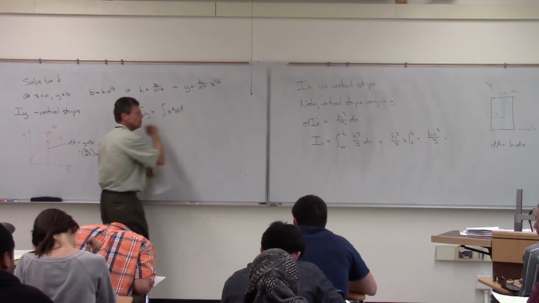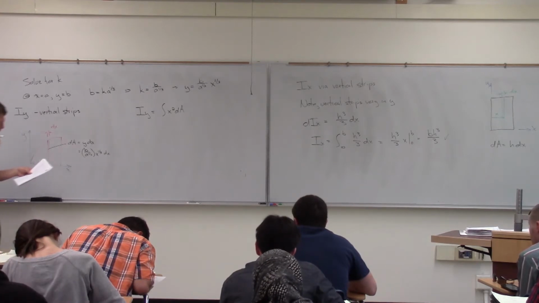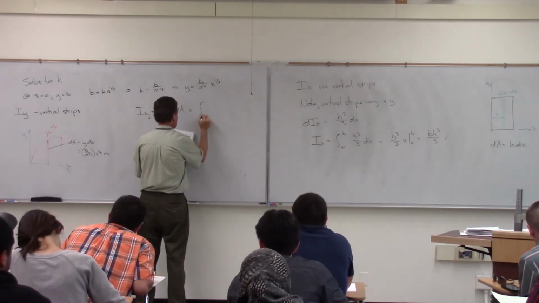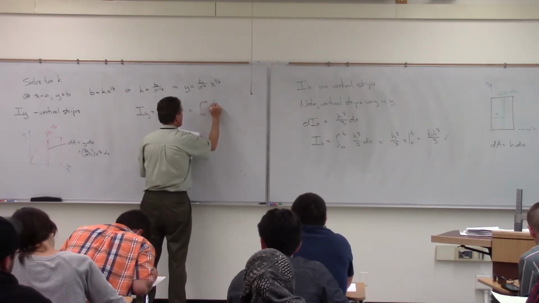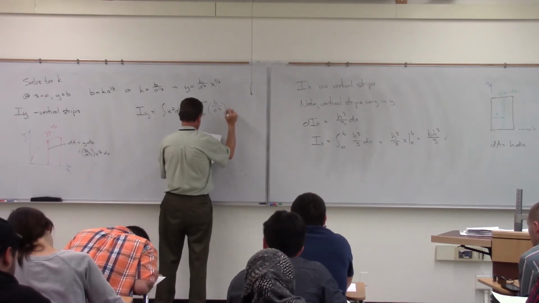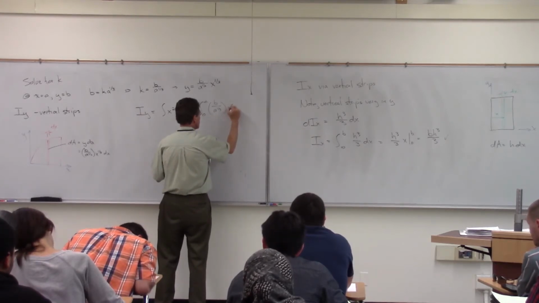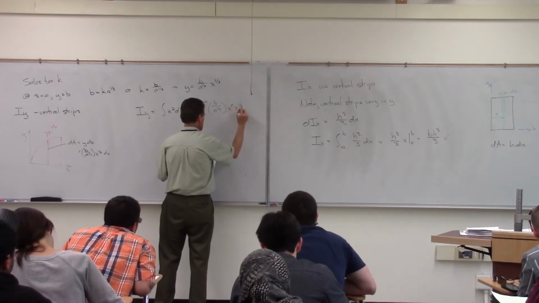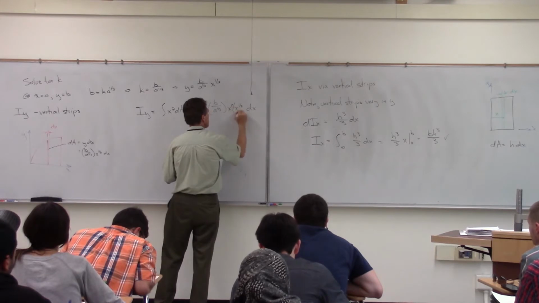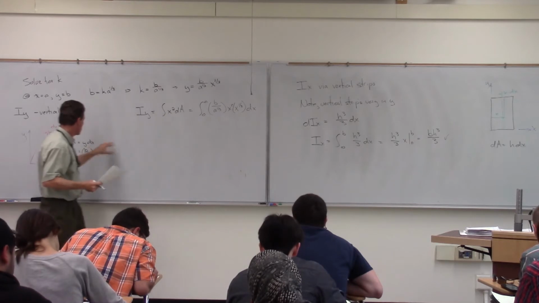And we'll set up our form for our moment of inertia by simply, in this particular case, x squared dA. Now, x squared and then x to the 1/3 dx. So I'm just simply substituting in my dA.